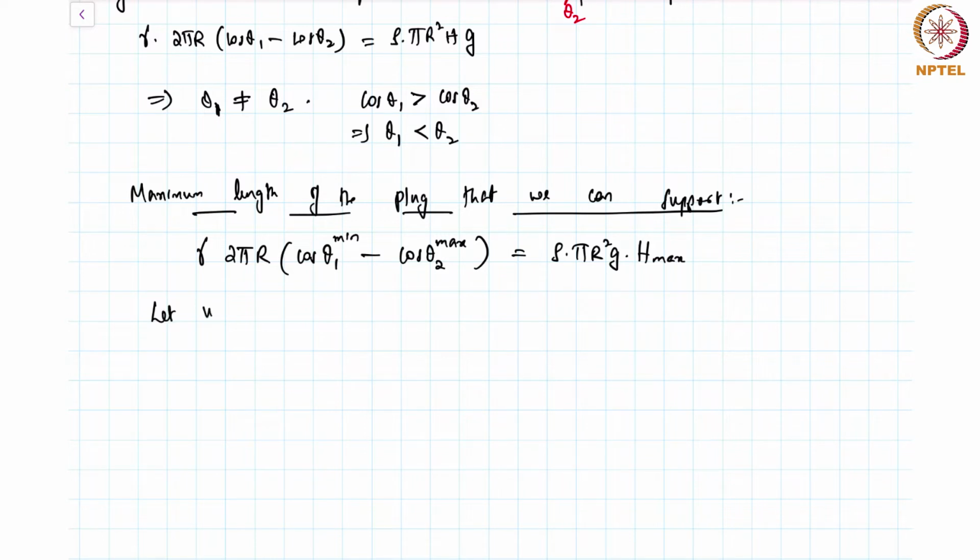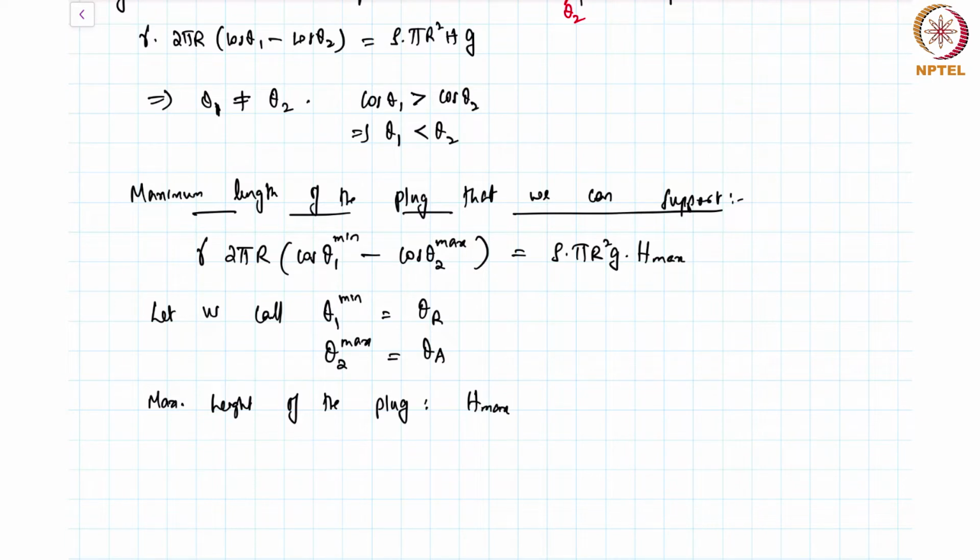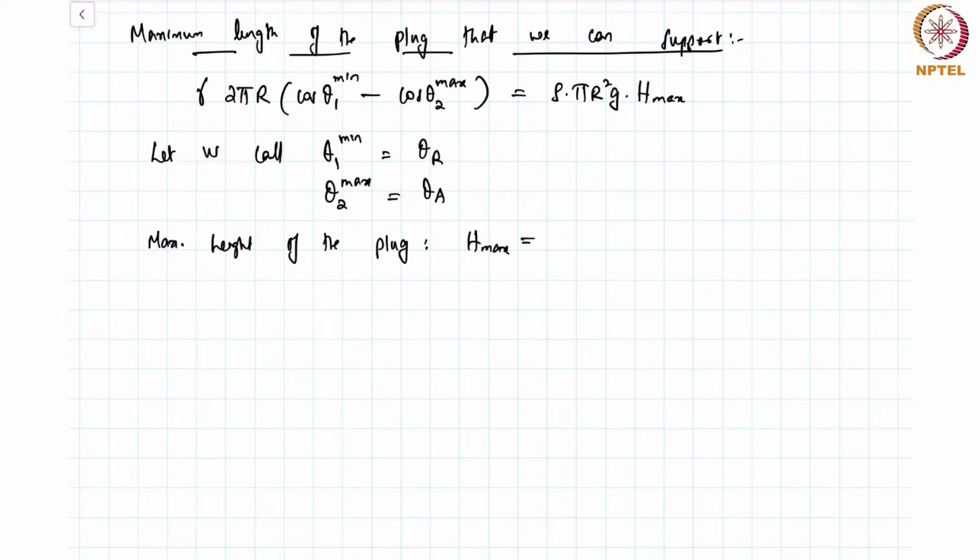We'll call theta 1 min theta R, or maybe just use capital R, and theta 2 max we'll call theta A. So the maximum height of the plug, h max, I can cancel out a few things here, pi and r also get cancelled.